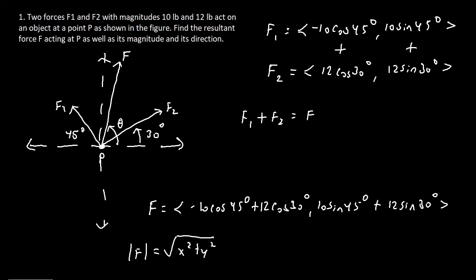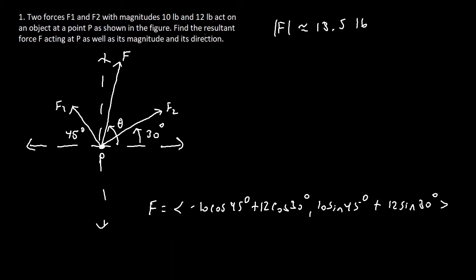And remember, if you're using a graphing calculator, to switch your mode to degrees, not radians. And so the magnitude of the resultant force, when you plug into your calculator, you should get around 13.5 pounds of force. So now in order to find the direction, we're basically trying to find that theta value.